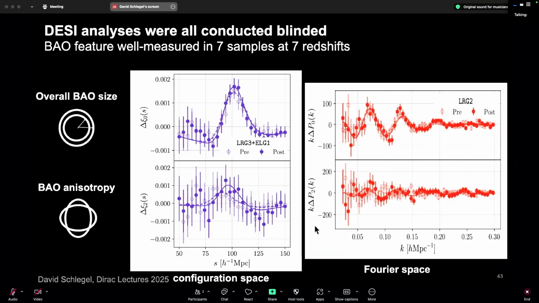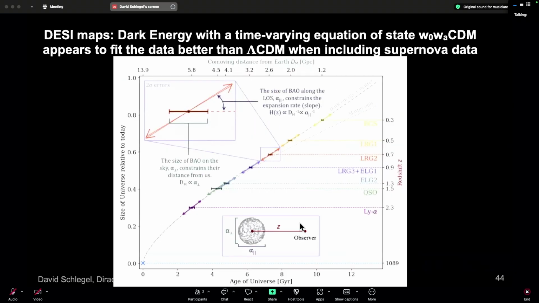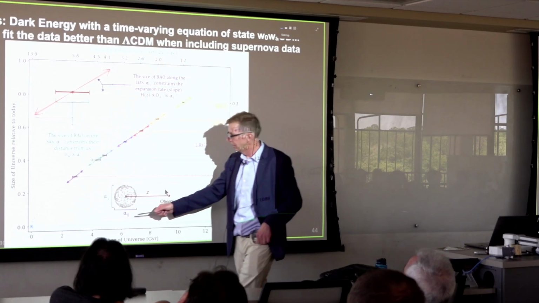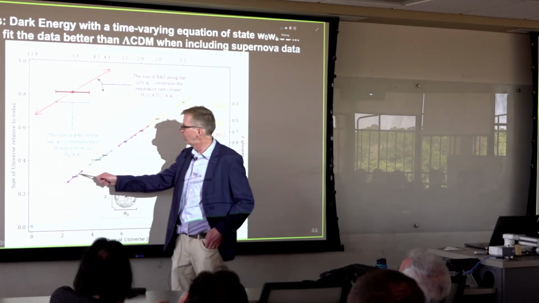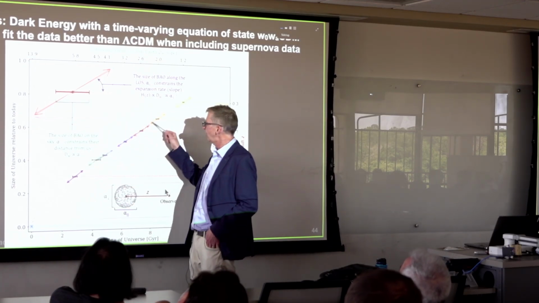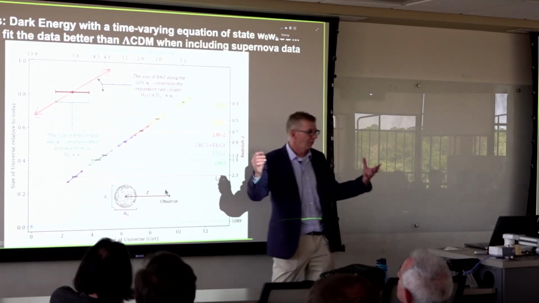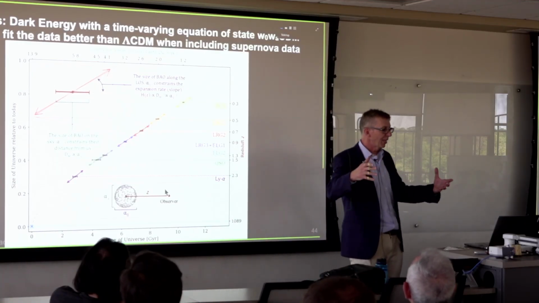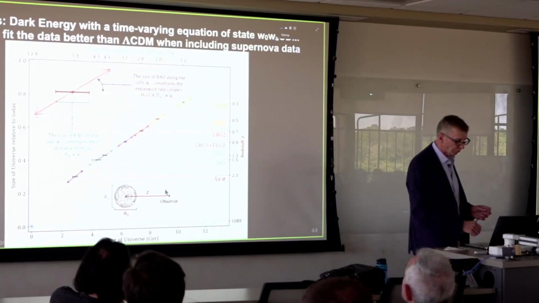Okay, so this is just more showing what these BAO features look like. The difference now is we can actually make these precision measurements at many different epochs through the evolution of the universe. And then we make one of these Hubble diagrams where we're really tracing out from the Big Bang what the size of the universe is, how much these acoustic bubbles have expanded as a function of time.